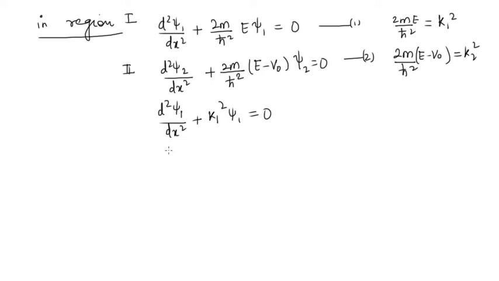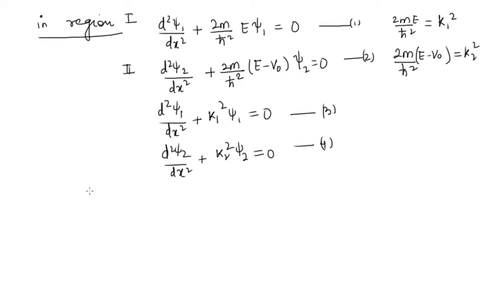Okay, d2 psi 2 upon dx square plus k2 square psi 2 is equal to 0. Okay, and we know that the solution of these, so what is this? This is a second order linear homogeneous differential equation. And the solution, we have already seen, is oscillatory.